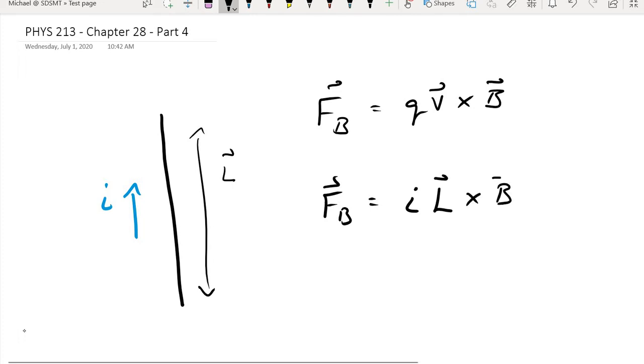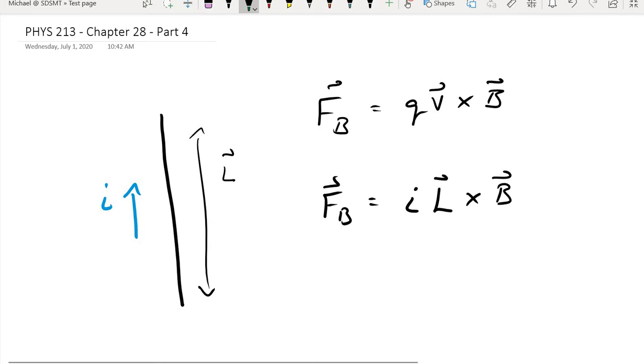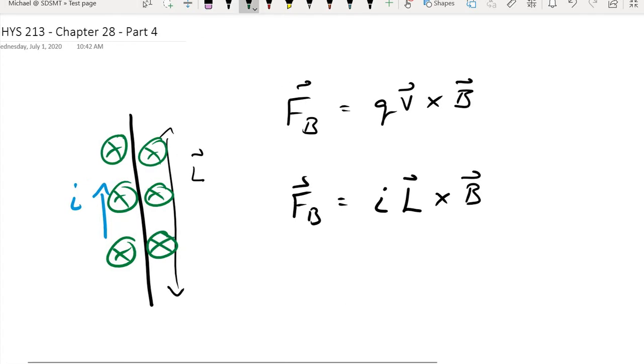And then if this wire is placed into an external magnetic field, so we'll go ahead and put in some magnetic fields here. These pictures can get a little crowded, but each of these X's is going to be a magnetic field line. Our current is passing through, traveling upward.